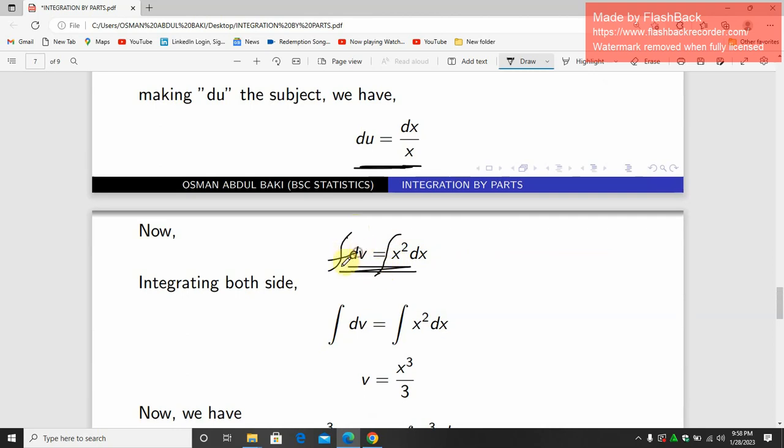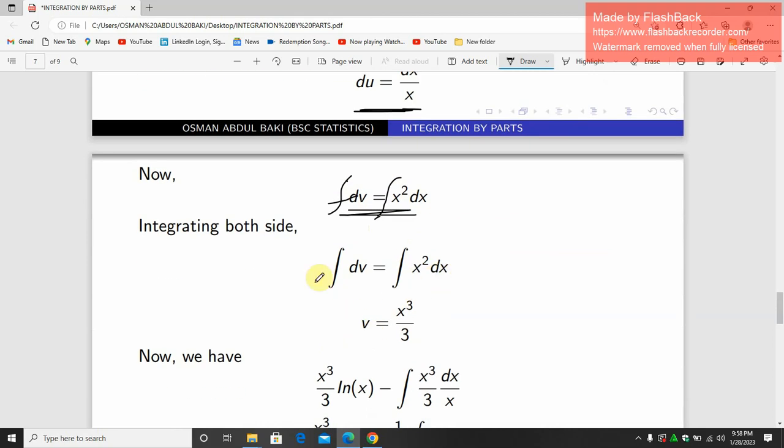This will be cancelled, and here you get v, and the integration of x squared dx is x cubed over 3.